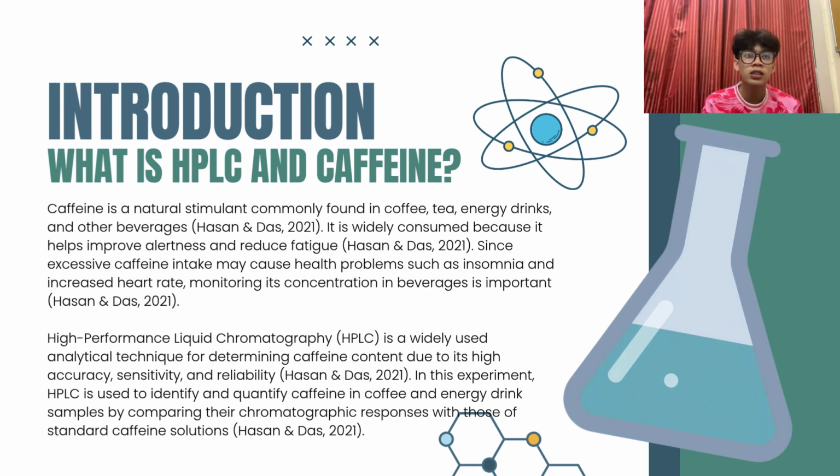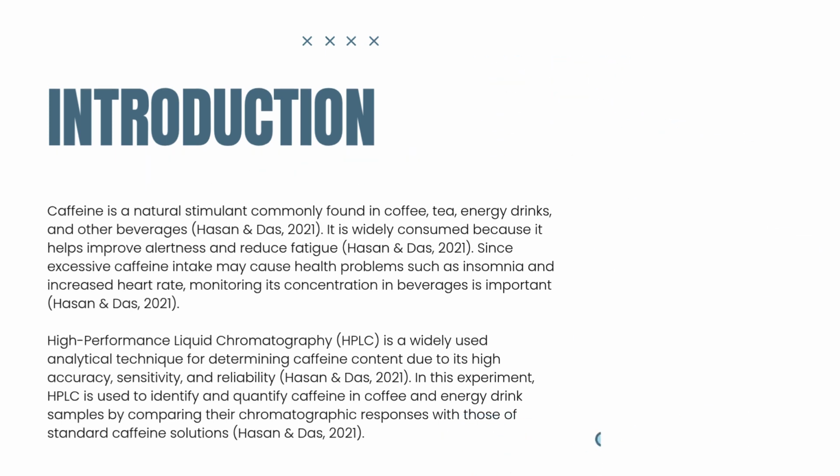The caffeine concentration is determined by comparing the chromatographic responses of the sample with those of standard solution. This analysis allows us to evaluate and compare the caffeine content in different beverages and demonstrate the effectiveness of HPLC as a method for caffeine determination.